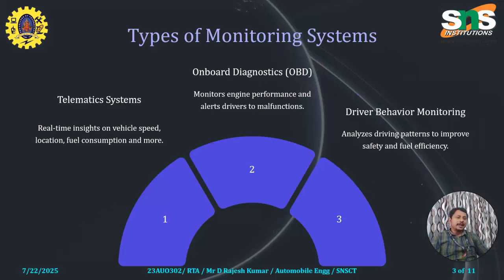There are many types of monitoring, out of which there are three different types. One is the telematics system. This telematics system monitors the vehicle's real-time data such as speed, location, fuel consumption and so on. These things will inform the driver through the dashboard.